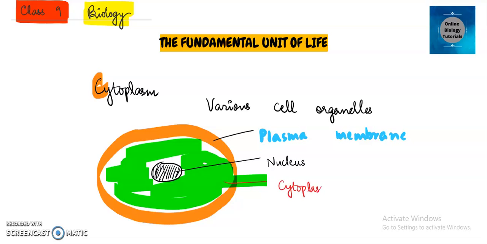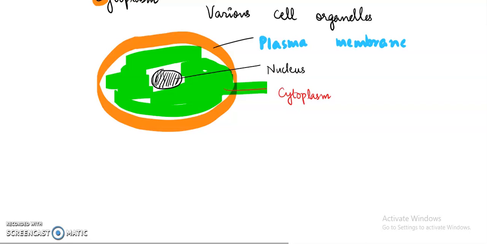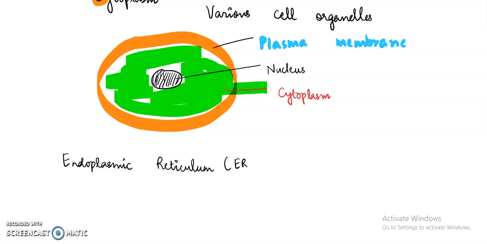So how to define cytoplasm? Cytoplasm is a jelly-like material that is found between the plasma membrane and the nucleus, right? Now this cytoplasm supports many cell organelles, right? Few of them are endoplasmic reticulum. Now this endoplasmic reticulum, it is also abbreviated as ER, right?